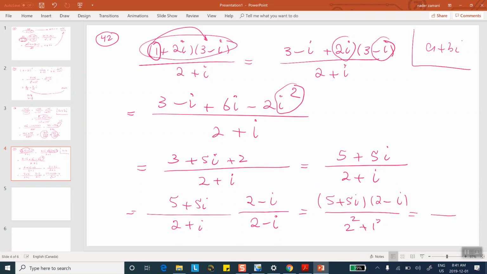Now, let me FOIL it, okay? So it's going to be 5 times 2 is 10. 5 times minus i is minus 5i. 5i times 2 is going to be plus 10i. And then 5i times minus i is going to be minus 5i squared, and i squared is minus 1.